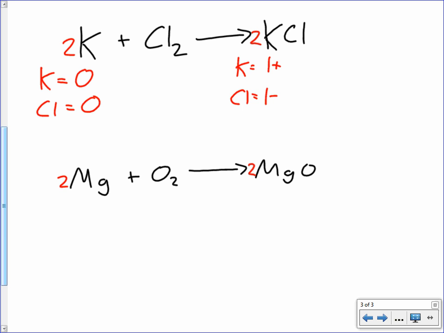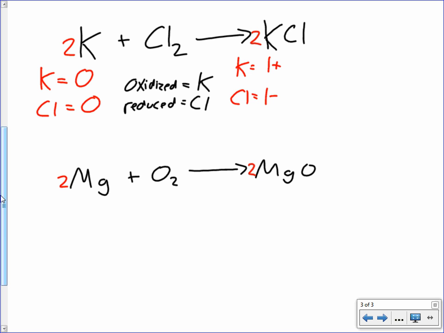Okay, so oxidized is potassium, charge went up. So that means chlorine had to be reduced. If you have a redox, you never have one get oxidized without the other being reduced, because it has to do with transfer of electrons. If one's giving up an electron, something else has to be receiving it.